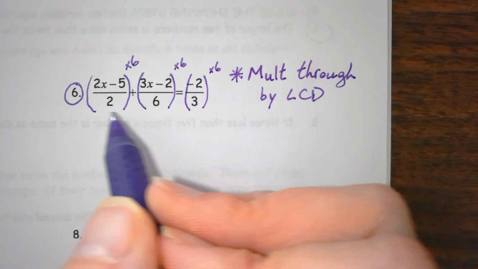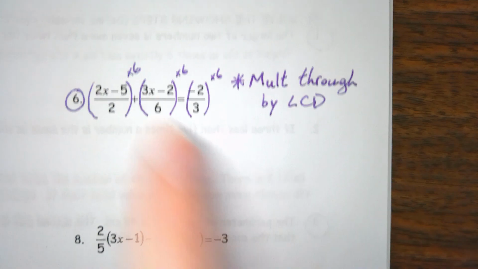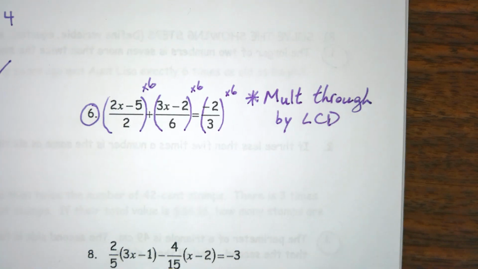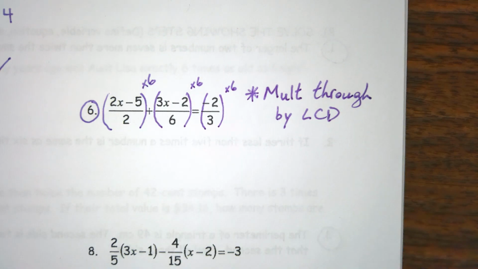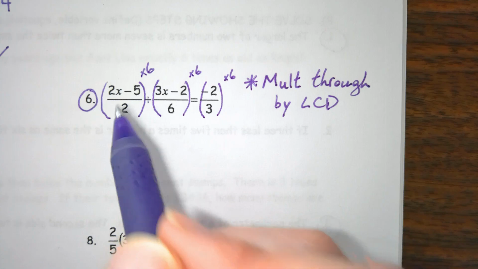Oops. I had that number 4 right here. I was going to do this one first. It's okay. That one would have been easier. So what is 6 divided by 2? 3.